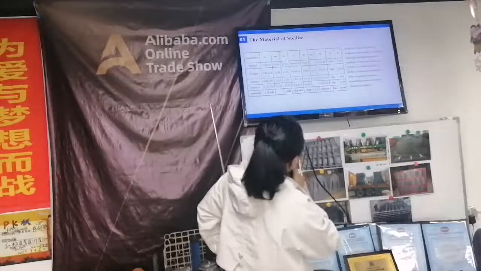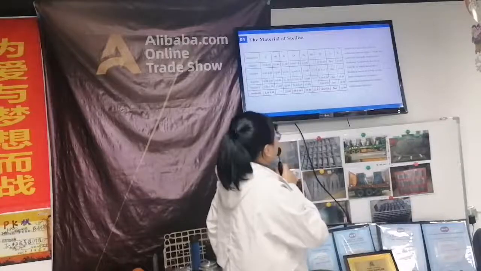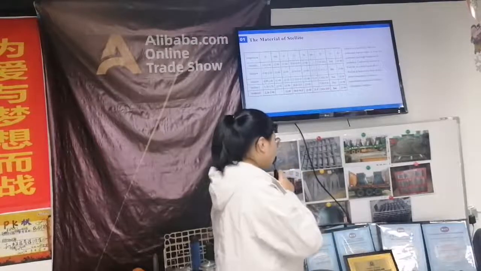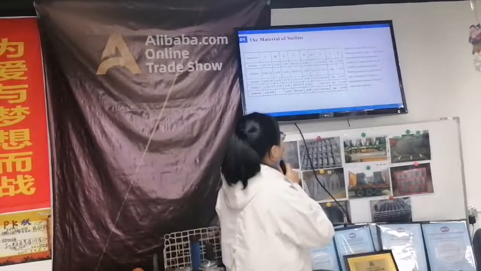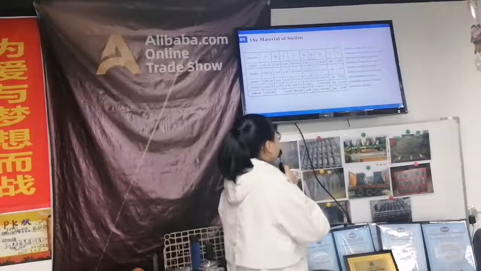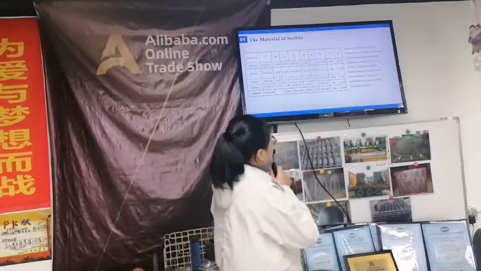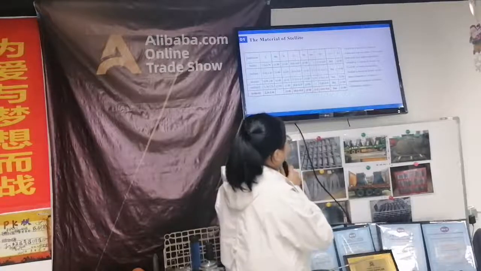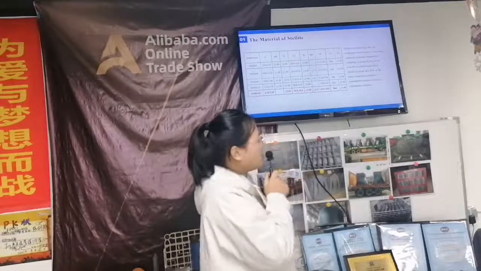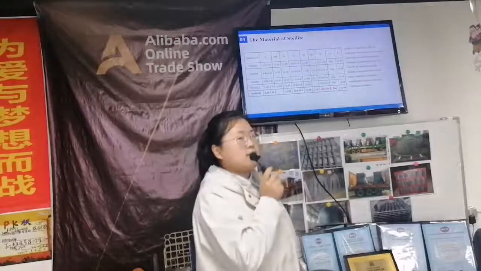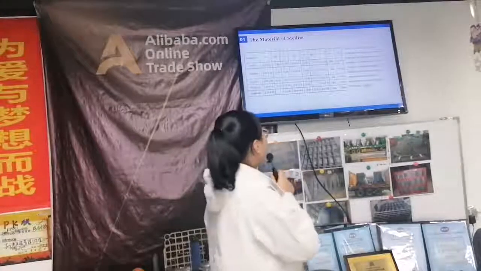For chromium is 29 to 33%. For nickel is less than 3%. For tungsten is 11 to 14%. For iron is less than 3.0%, and the cobalt is balanced.